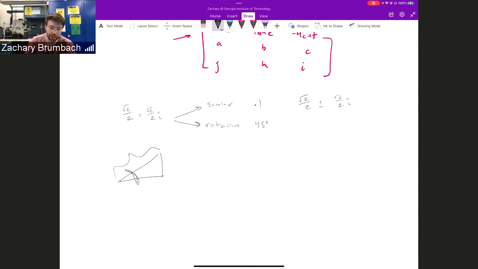You don't need to know exactly how it works, or why we can snap to those things. For example, in a different example, if we had √2 plus √2 i, this now has a scalar of times 2 and a rotation of 45 degrees.